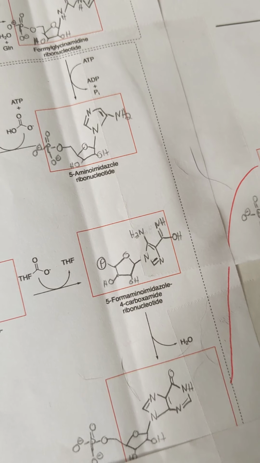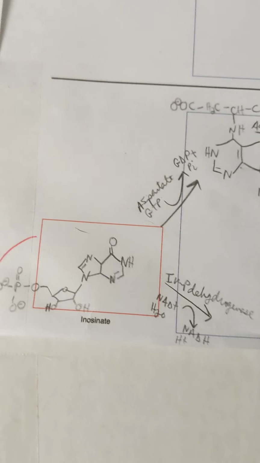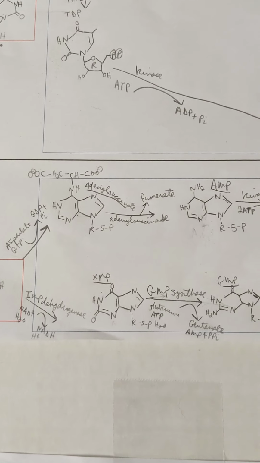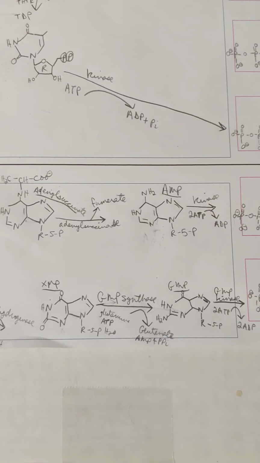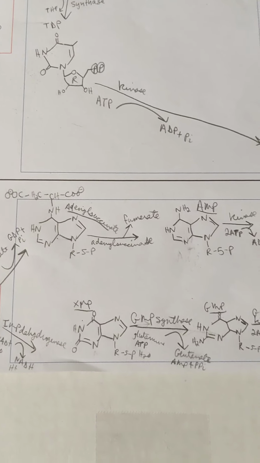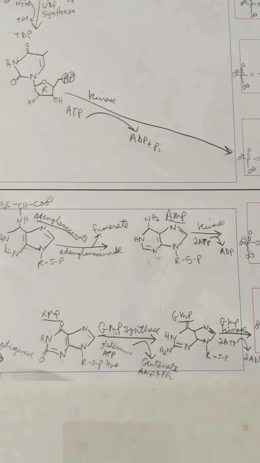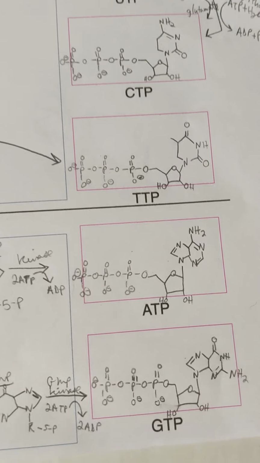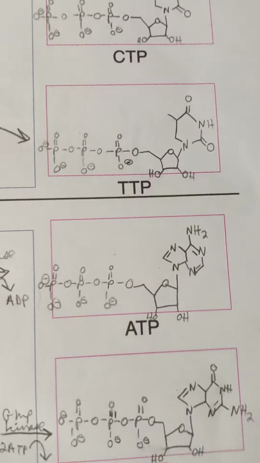That'll be carboxylated to become 5-formaminoimidazole 4-carboxamide ribonucleotide to become our good friend inosinate, I guess you would say. And then that will be further reacted to become adenyl succinate, and then AMP reacts with a kinase to perform our ATP.